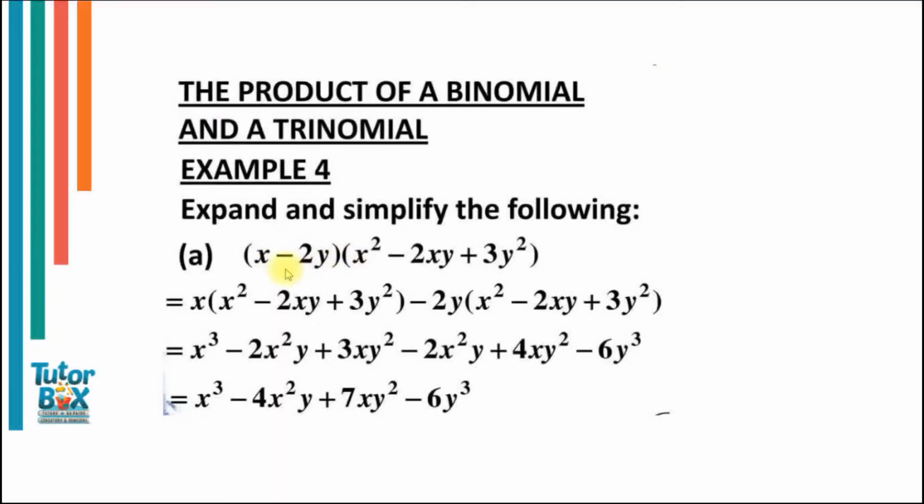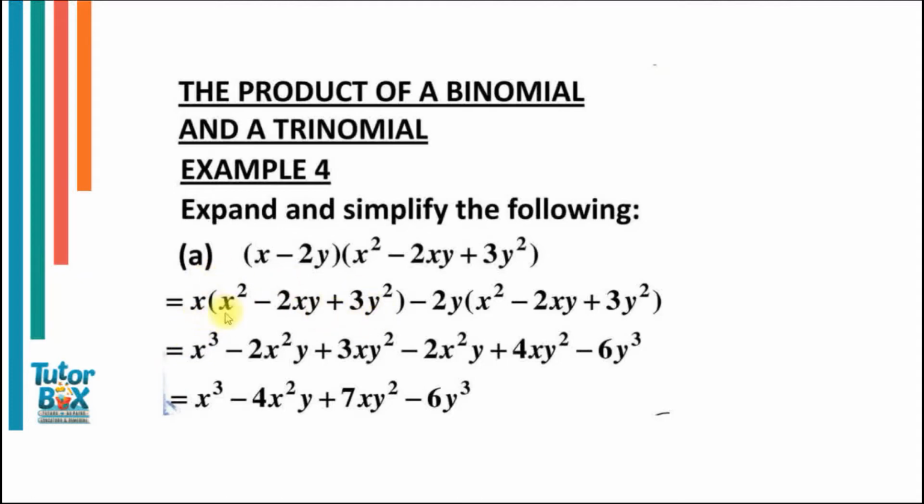Right, so then what we're going to do is we have x, right? So this x, if you remember the distributive law, is going to multiply this second bracket there. And then minus 2y is also going to multiply that second bracket there. So now we're going to simplify this part.